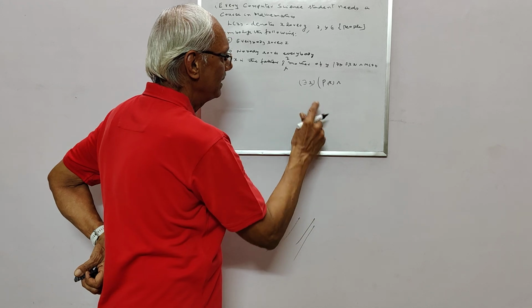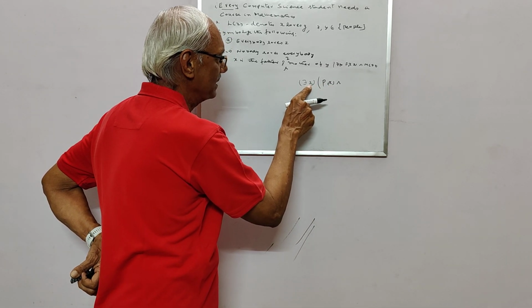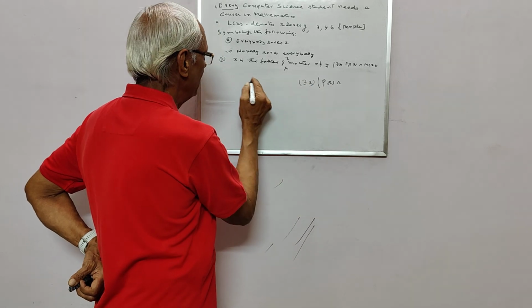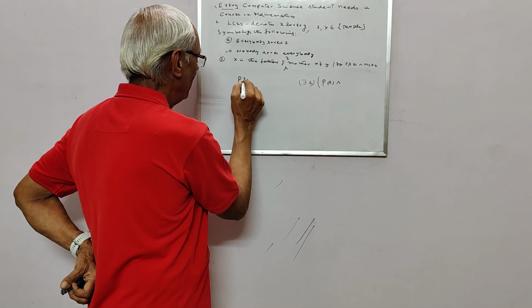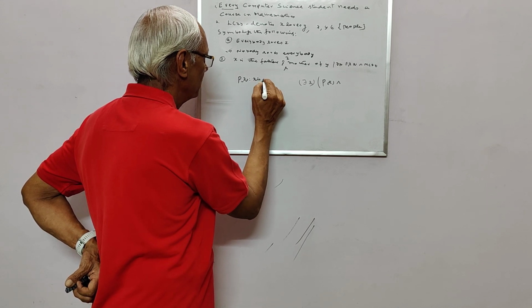What does it mean? There exists a person, x is a person. Here I mean that P of x is a person.